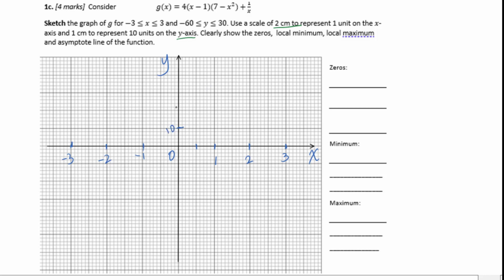This is 10, 20, 30, negative 10, negative 20, negative 30, negative 40, negative 50, and negative 60. Then we know the x as a denominator, so the vertical asymptote line will be x equals 0. We will draw this asymptote line.